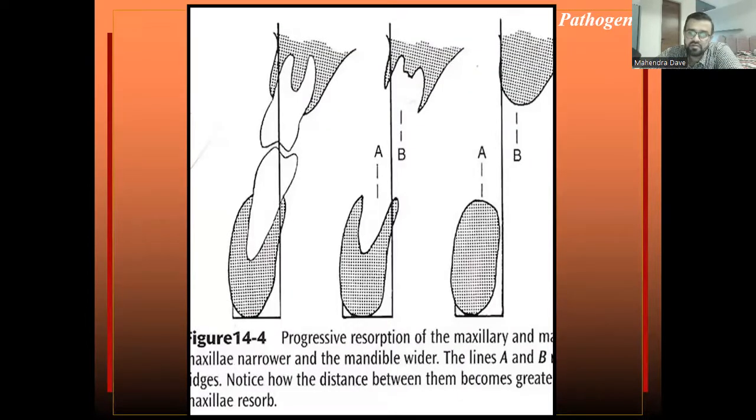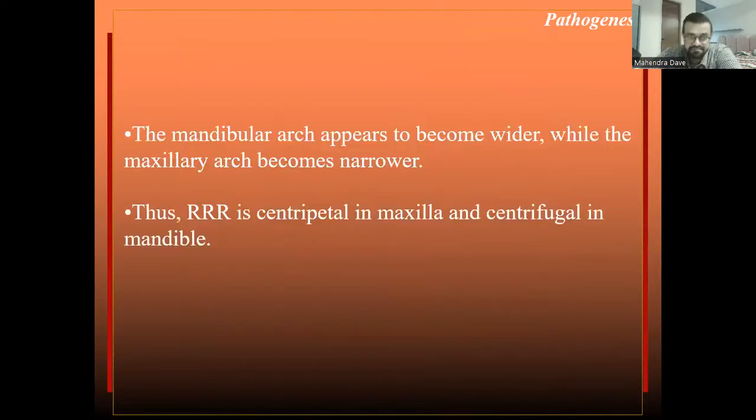A progressive resorption of maxillary and mandibular arches, showing the maxilla getting narrower and the mandible getting wider. The lines A and B are suggestive of this remarkable procedure. The mandibular arch appears to become wider while the maxillary arch becomes narrower.